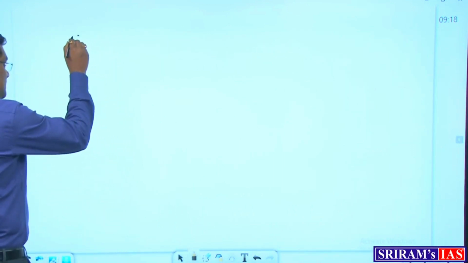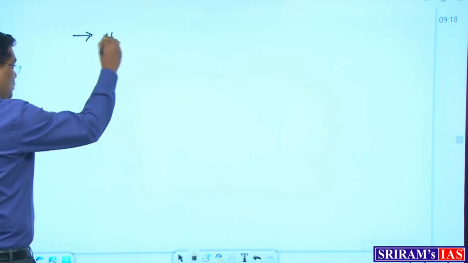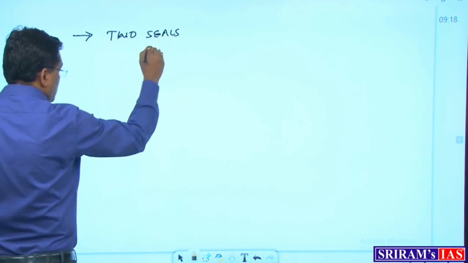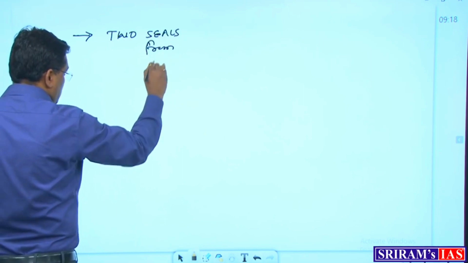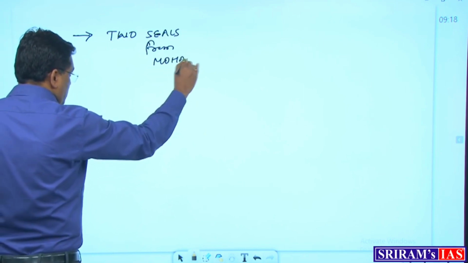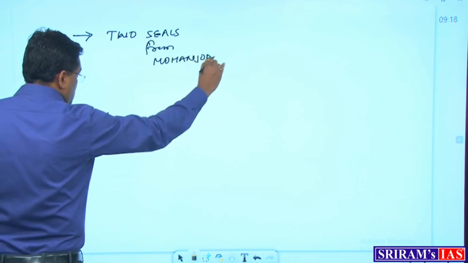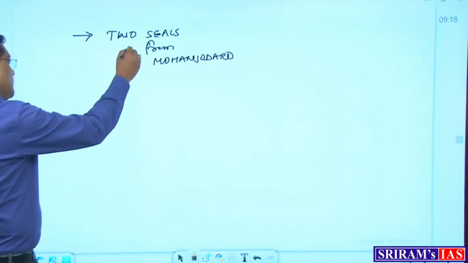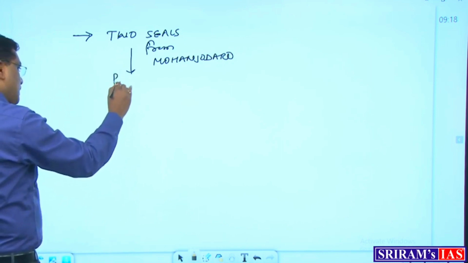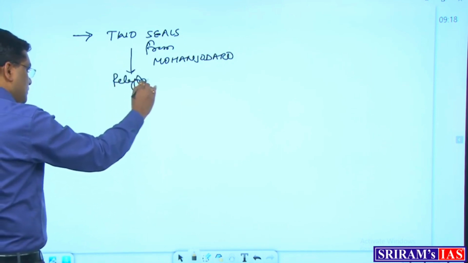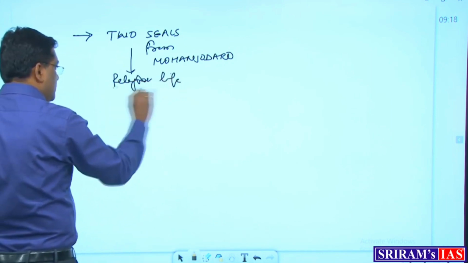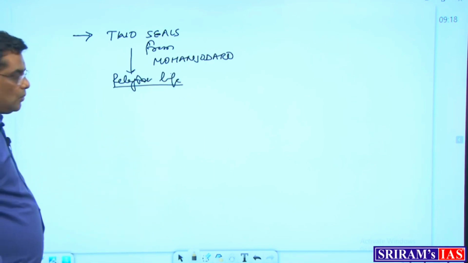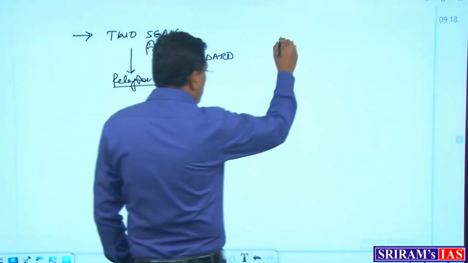Out of the many seals, two seals found from Mohenjo Daro express the religious life of the Harappans. One is Pashupati.